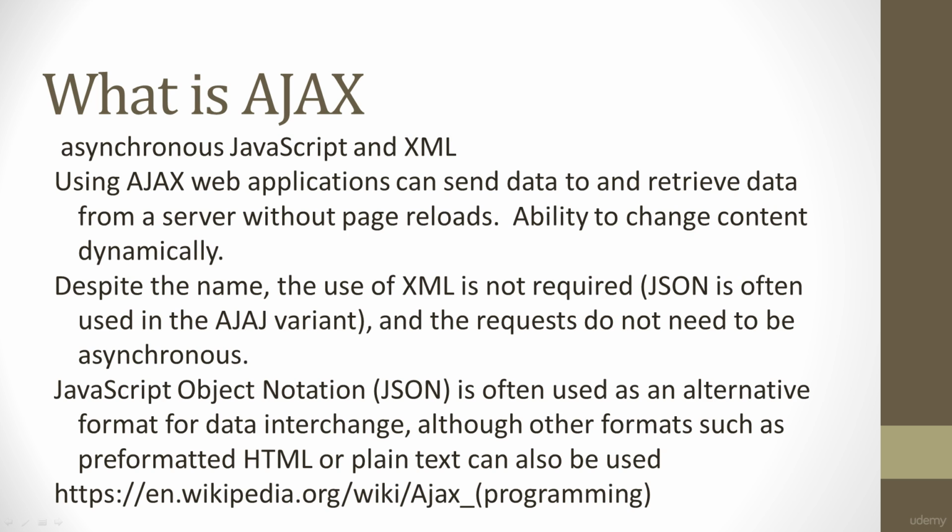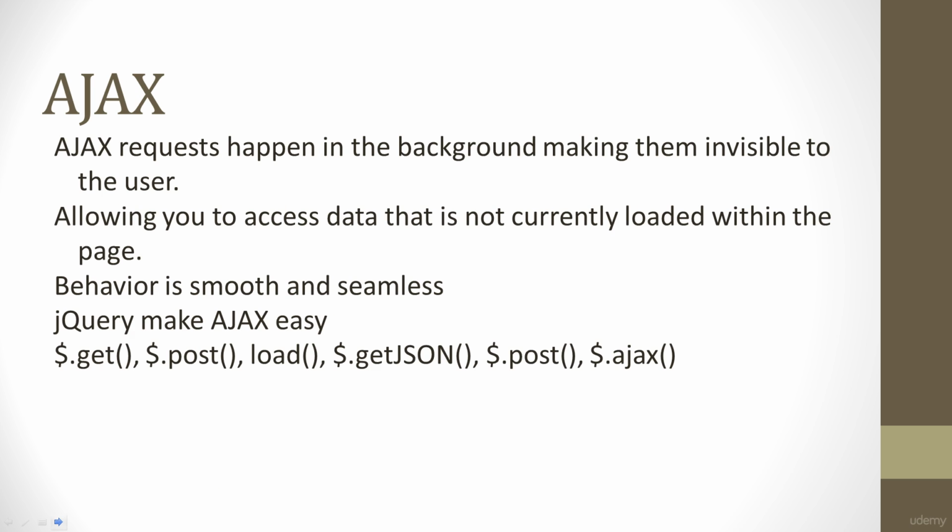So here's a definition of Ajax and some more information about it. The really cool thing about Ajax is there are no page reloads, which is always a drawback and not a pleasant user experience. Ajax allows us to take care of this. jQuery has some different methods to do Ajax loading.